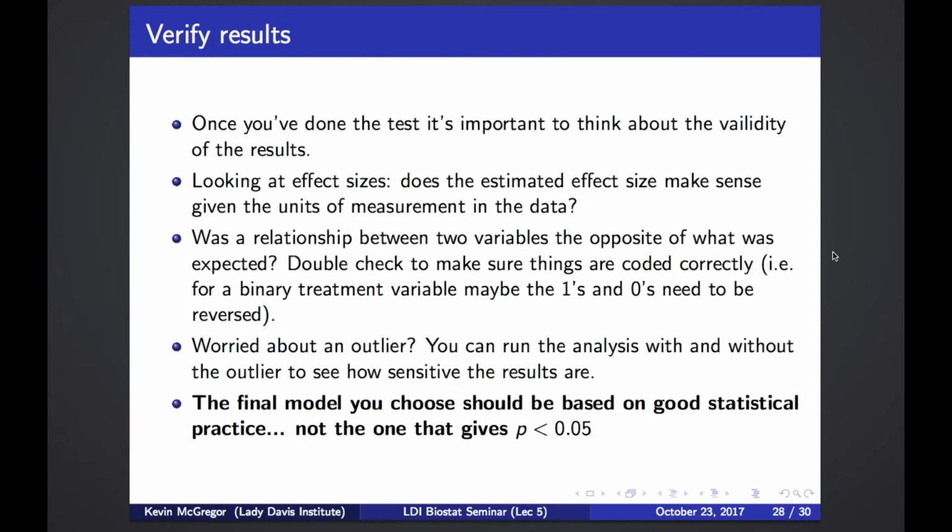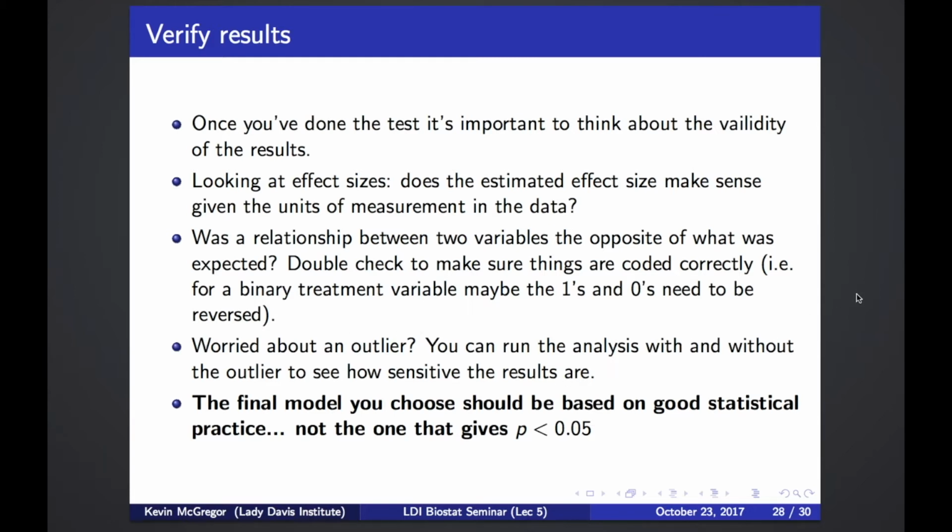So if in one case it's a positive effect, if you flip those 1s and 0s for the different individuals, then the effect size is going to be negative. So if you see a relationship that's exactly the opposite of what you expect, again, go back into your data and make sure that your groups are defined properly. And go into SPSS and make sure that it's interpreting those different variables correctly.